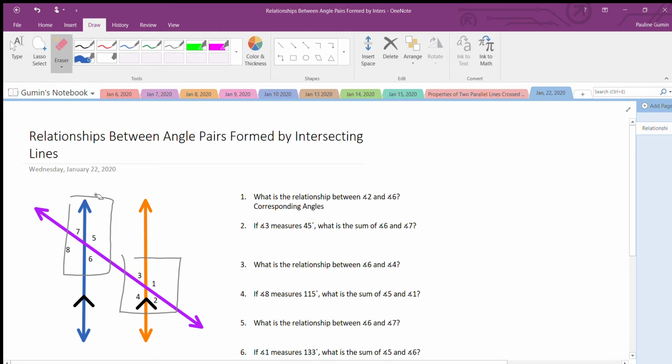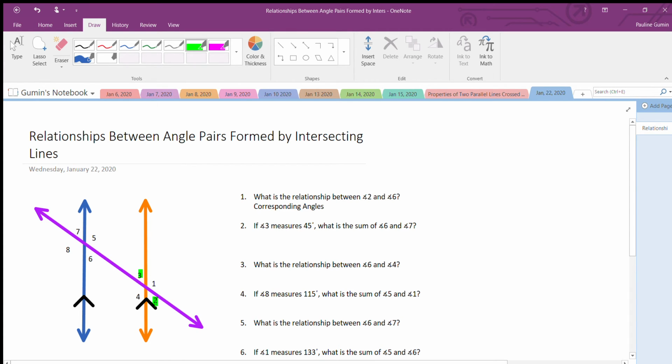Number 2 asks us, well, if angle 3 measured 45 degrees, what is the sum of 6 and 7? All right. Well, 3 measuring 45 degrees tells us a couple of other things about this problem. It tells us that angle 2 is also 45 degrees because they're vertical angles.